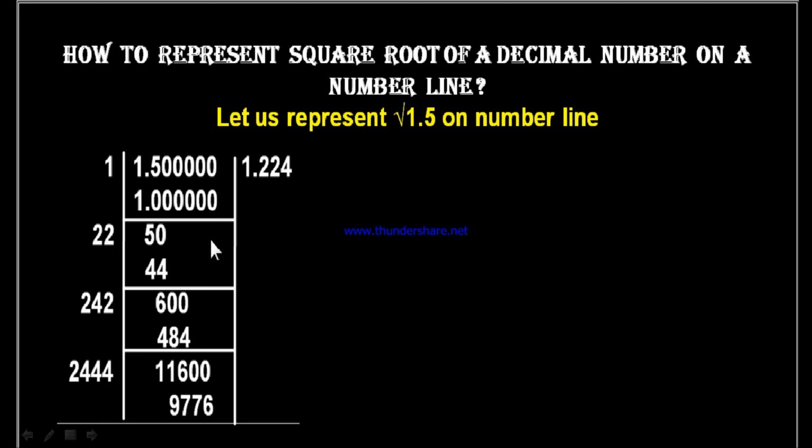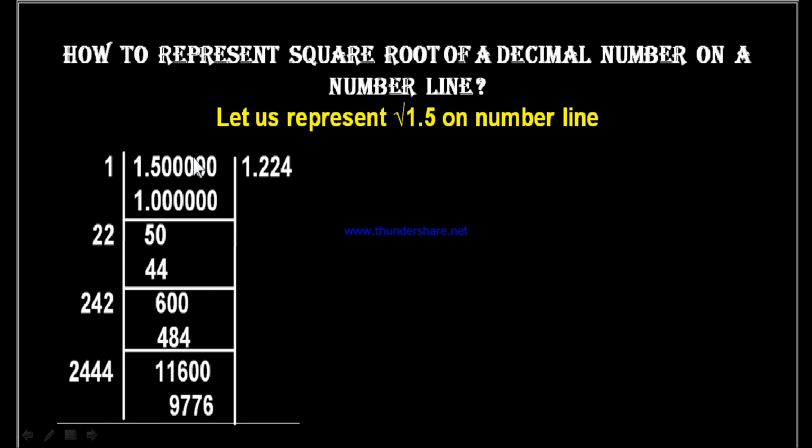Therefore, write 4 here and there also, and you multiply 2,444 with 4 and write down. 4, 4 are 16, 1. 4, 4 are 16 plus 1, 17, 1. And 4, 2 is 8 plus 1, 9.